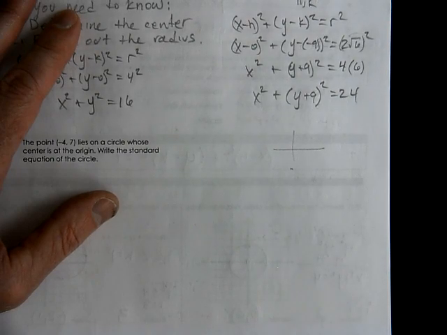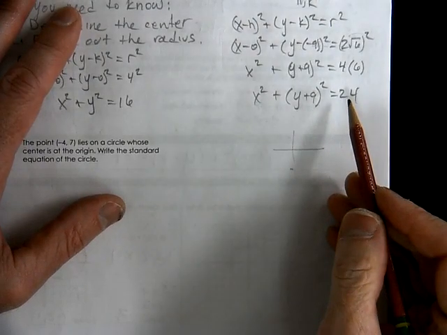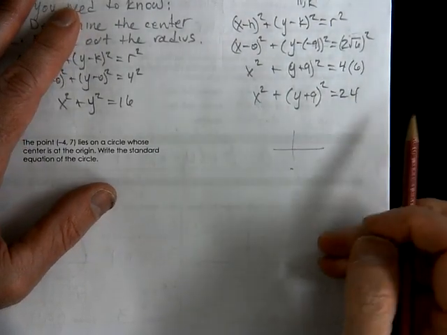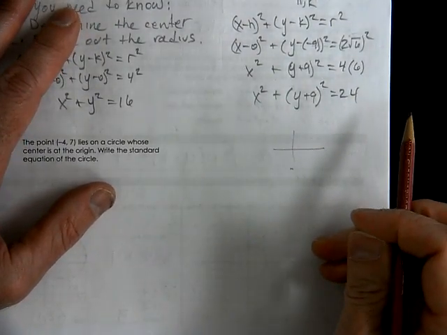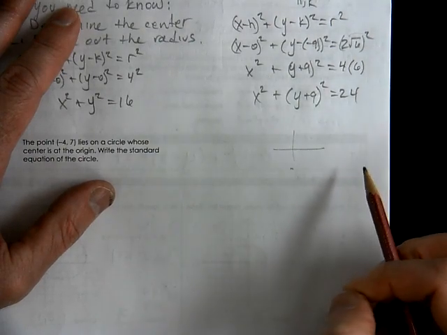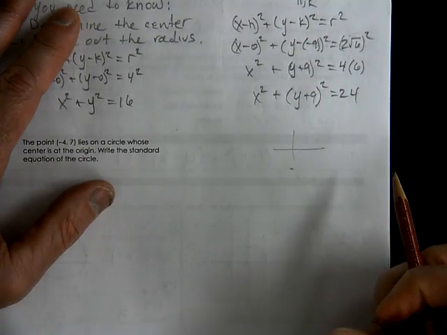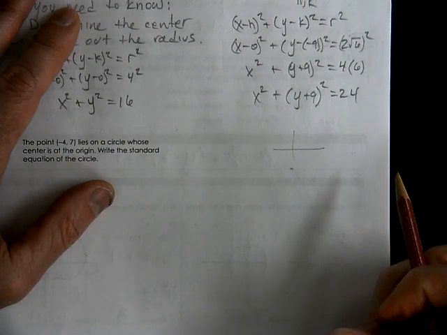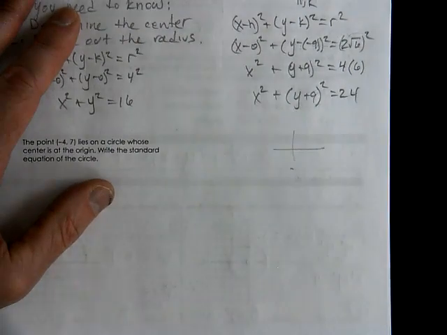Square root of 24. Well, you could use a calculator to figure out the square root of 24, but that's not necessary. What is the square root of 24 close to? You want to use perfect squares. That's what you're familiar with.